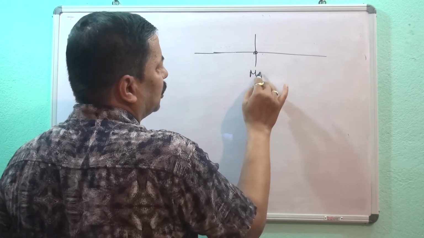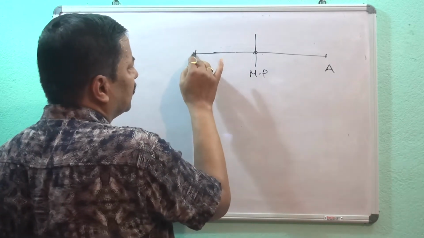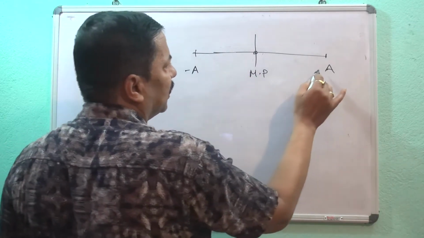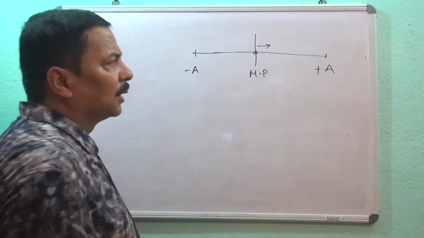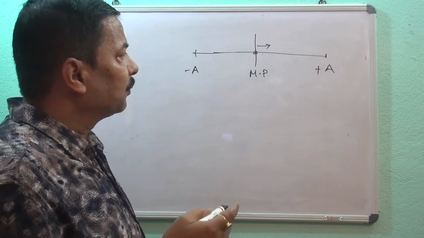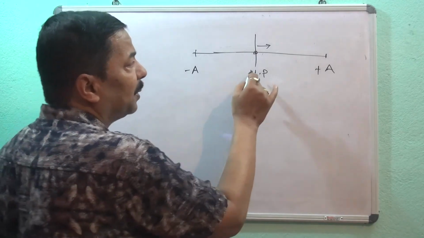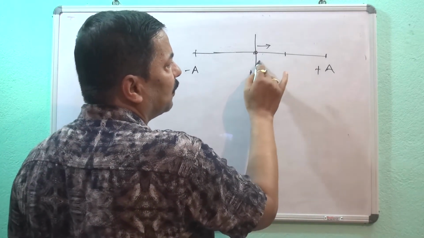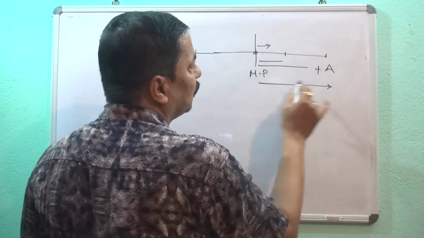This is the mean position. Here is the amplitude, minus and plus, and the particle has started in this way. In this situation, as I told you, the equation of simple harmonic motion, as it is along the x-axis, the displacement can be here also, this value can be x or this value can be x, and maximum this value can be x.